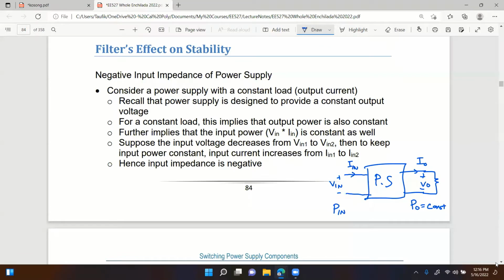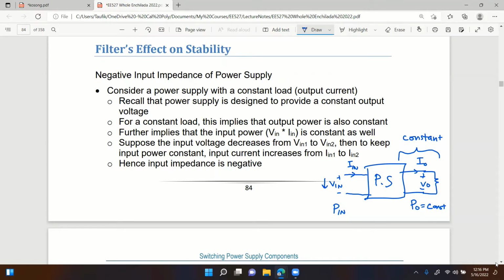But what happens if I do this, right? Again, the output parameters are all constant, right? So these are all constant. What happens if the input voltage drops, right? What's going to happen with I in?